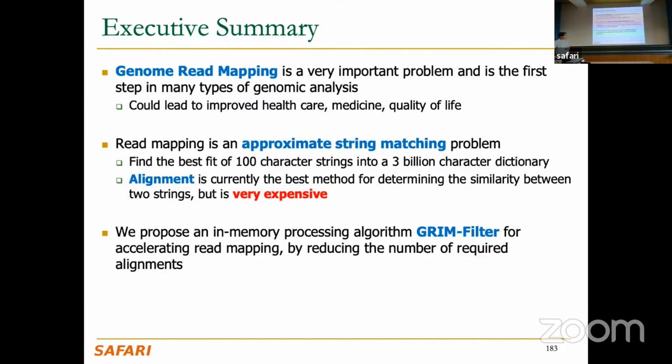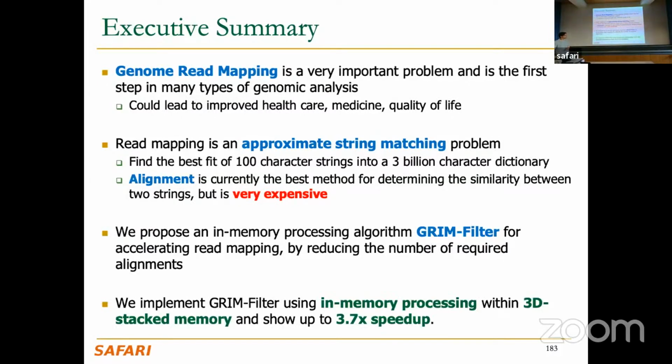So that's why it's good to have a filter before doing the alignment to reduce the number of required alignments. And that's the goal of this work: implementing this seed filter using in-memory processing in 3D-stacked memory, and it showed a speedup of 3.7 times.